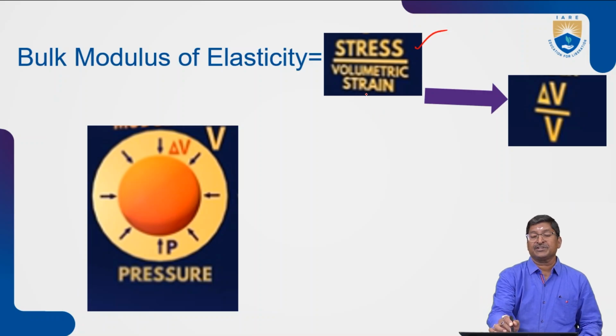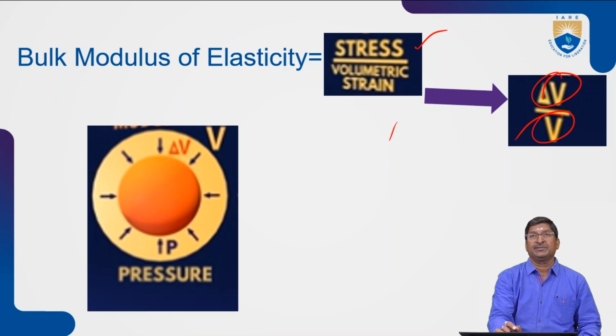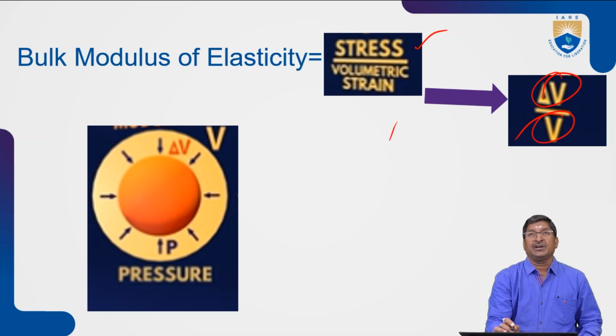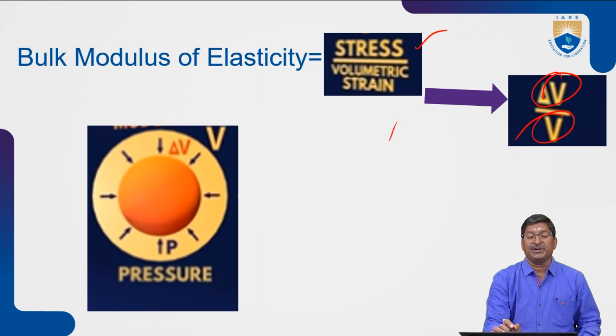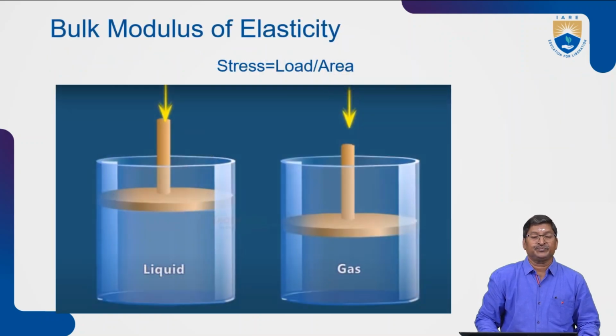Change in volume by original volume. That is called volumetric strain. So if you divide the change in stress by the change in strain, that means stress upon the volumetric strain, you will get the bulk modulus of elasticity.